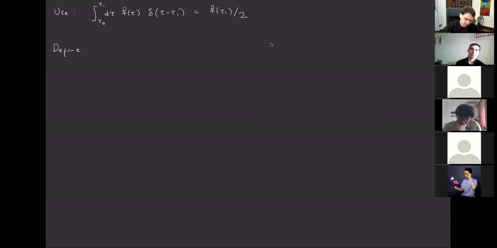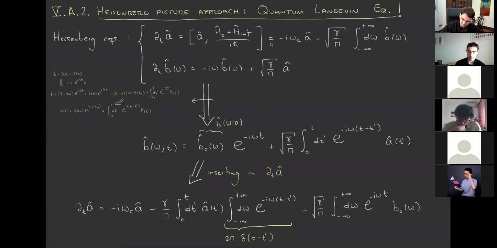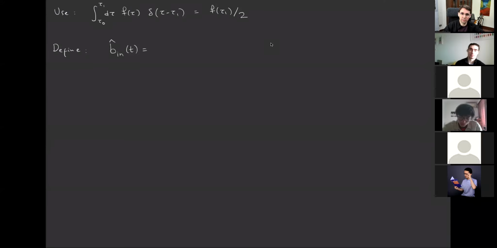Then we are going to define something very special that will accompany us for a long time, which is called the input operator, b in, which is nothing but this part in here. You see that it's just a Fourier transform of the external operators at time 0, okay? And we are going to give this a name.